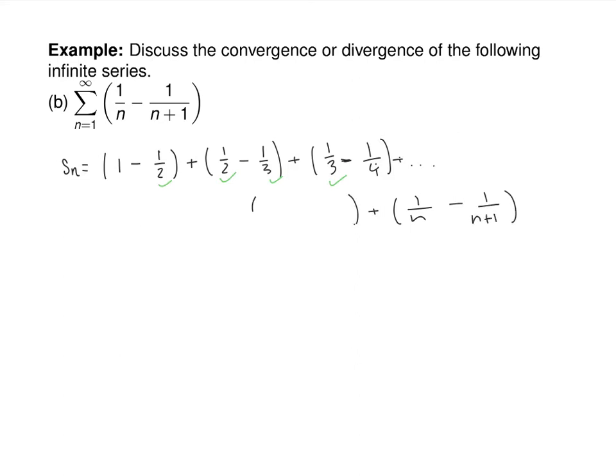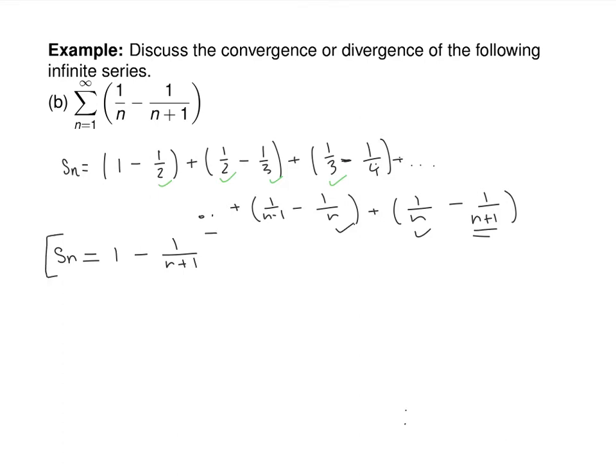One prior to that will be 1 over n minus 1 minus 1 over n. And notice that this 1 over n and that 1 over n will cancel, but from that point prior, all the denominators are decreasing, so no one's going to cancel with this 1 over n plus 1. So an expression for our nth partial sum, S sub n, is 1 minus 1 over n plus 1.